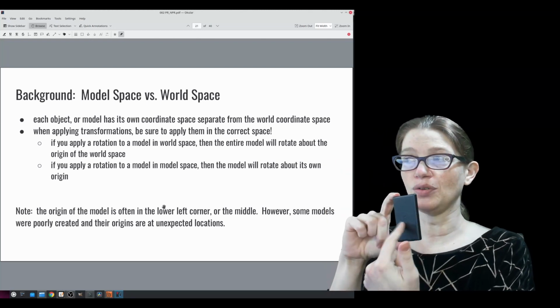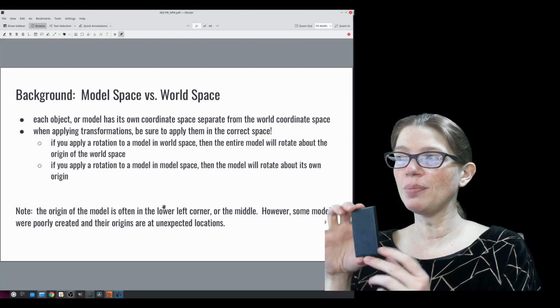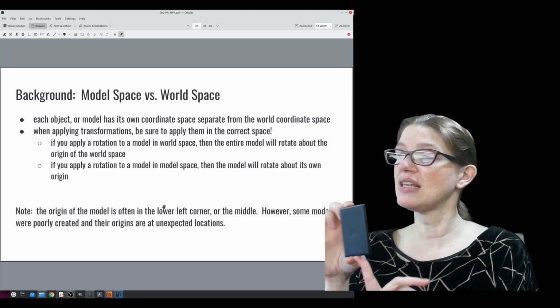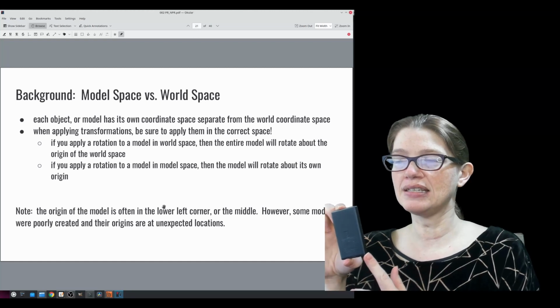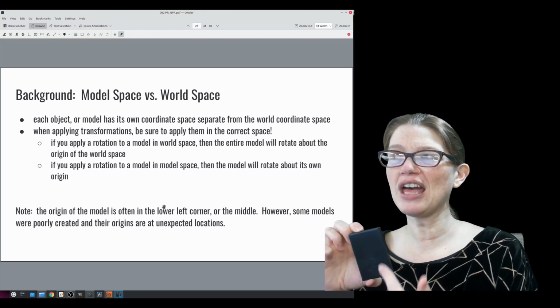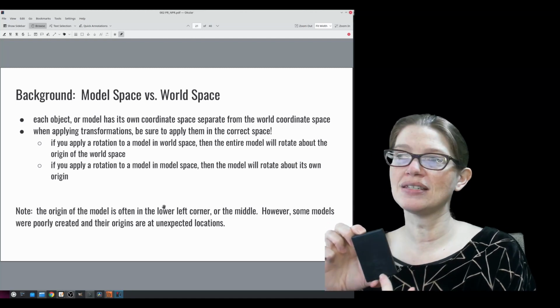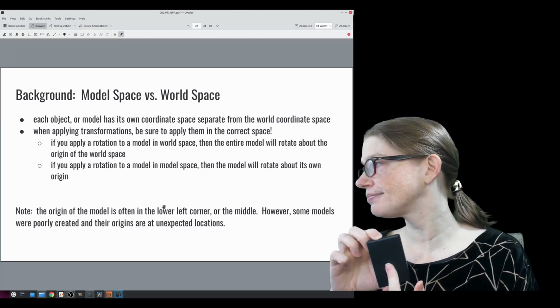One of them would be the center of the object. That's a really nice place to have it. Another place that makes a lot of sense is the center at the bottom. And another place that kind of makes sense is the lower left corner. So those are the three traditional places where you might see the 0, 0, 0 element on a model.